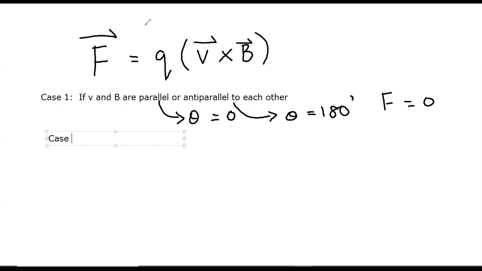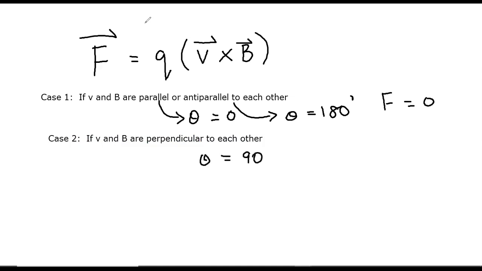Now we are going to look at case 2, where V and B are perpendicular to each other. That means the charge that you have taken into consideration is moving perpendicular, at theta equal to 90 degrees.